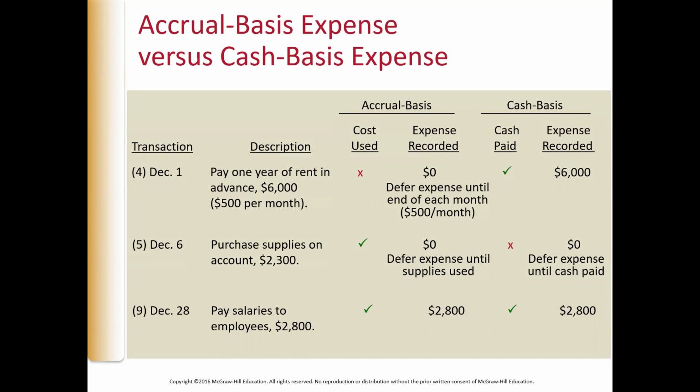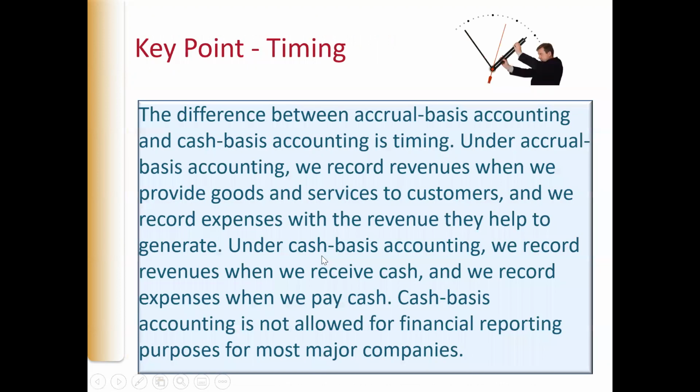The employees perform the services, they're due the money. It's an expense. Under the cash basis, we would record it because we paid it. Does that make sense? The difference between accrual basis of accounting and cash basis of accounting is all about timing.